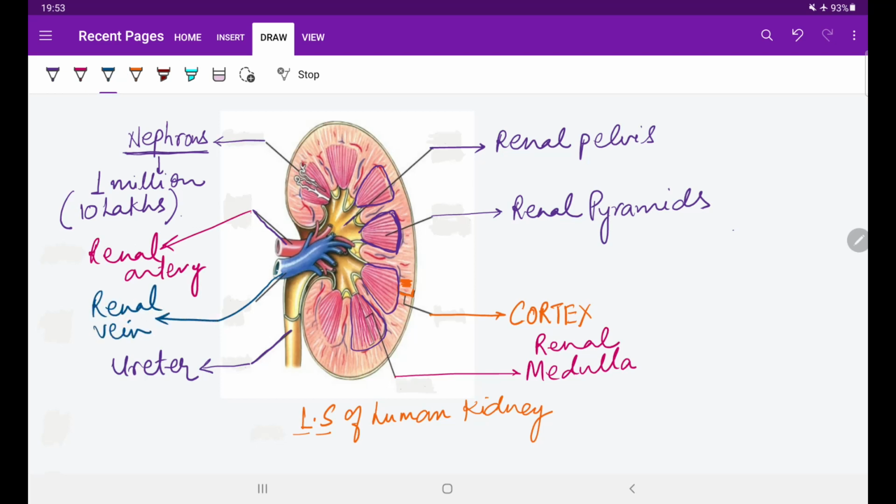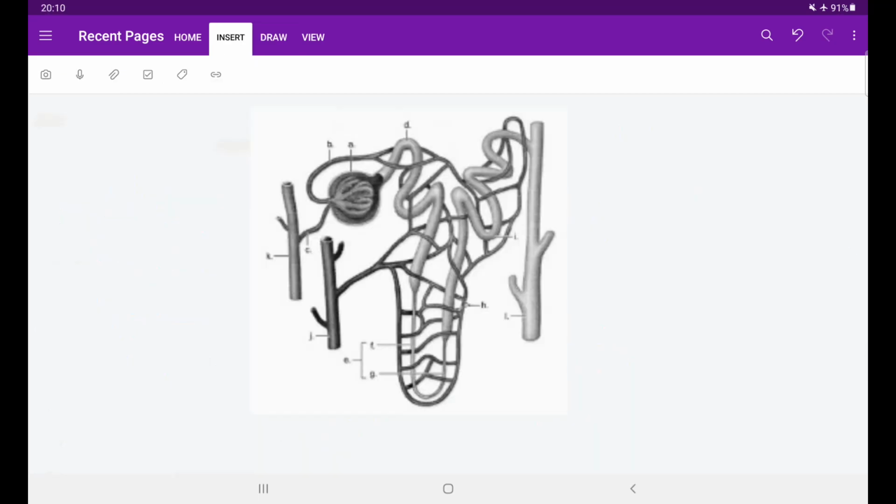The red colored blood vessel is called the renal artery and the blue colored blood vessel is called the renal vein. Thus, we have just observed the longitudinal section of the human kidney, and now we are going to discuss the structural unit of the human kidney, that is, the nephron. Also, we will understand the mechanism of urine formation in the nephrons. The nephrons are the structural and functional units of the human kidney.